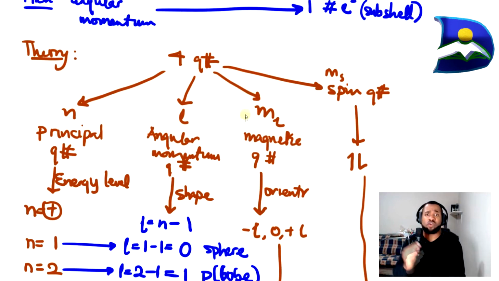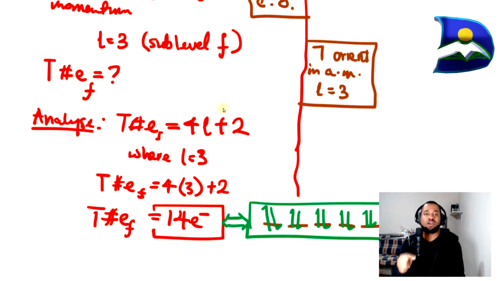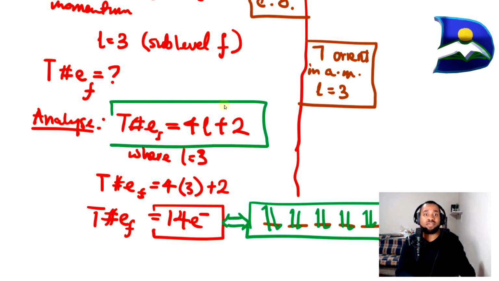Remember the ways to go about it. Most importantly, the key formula to keep in mind is 4L plus 2 for the total number of electrons in a specific sublevel. This will be the great key for you to determine how many electrons are present in that specific sublevel.